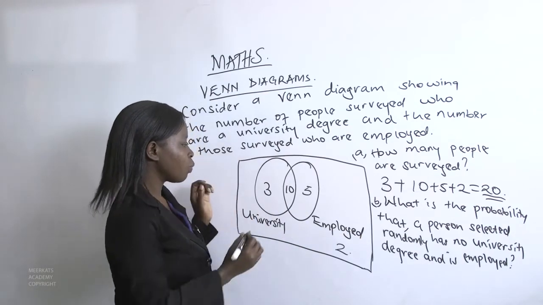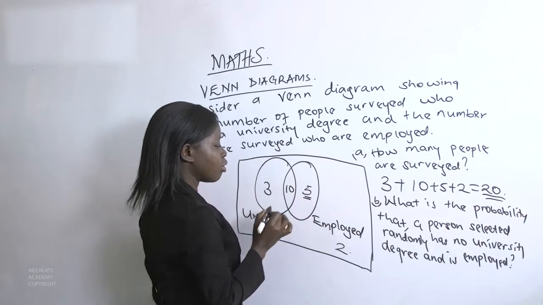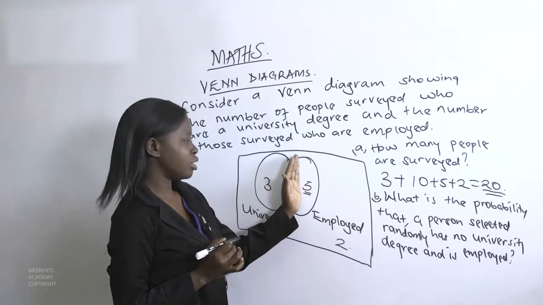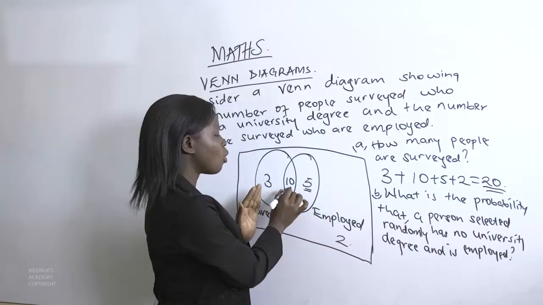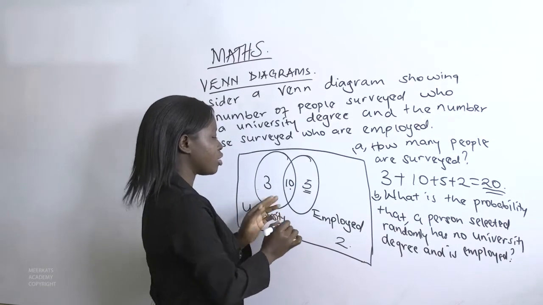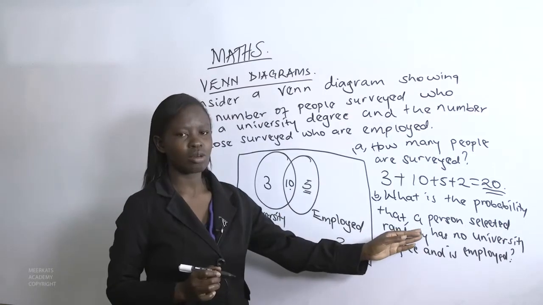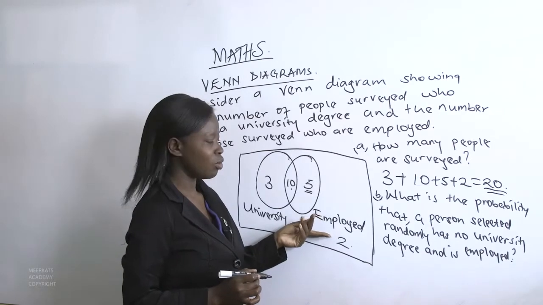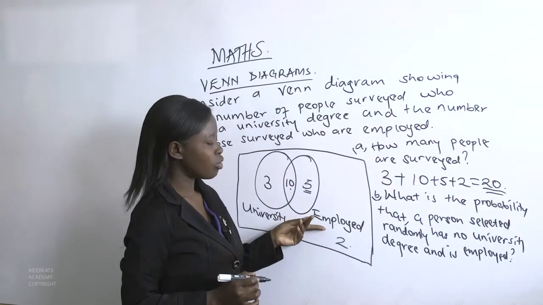So what do we do? We find the number of employed people who have no university degree. The 10 who are employed but have a university degree do not fall in this category. We only need those who are employed but do not have a university degree.